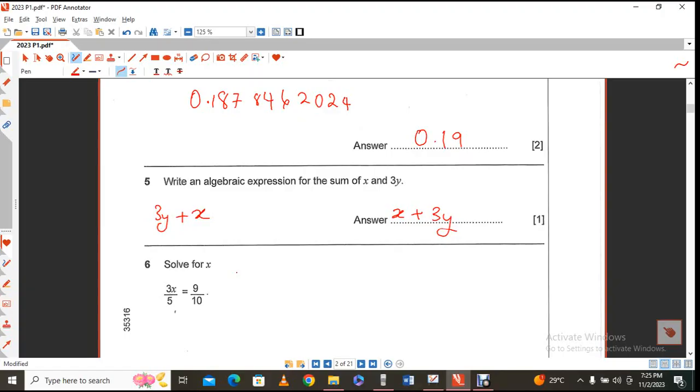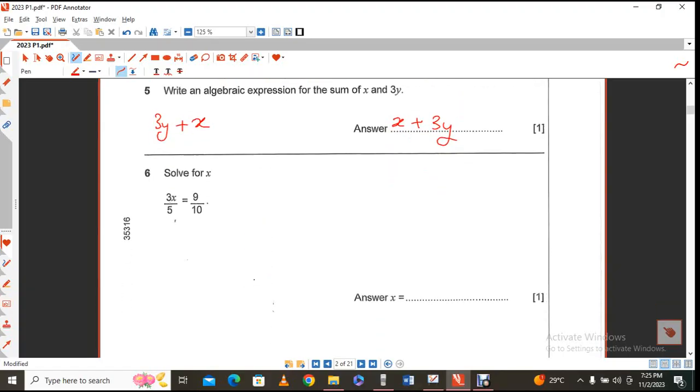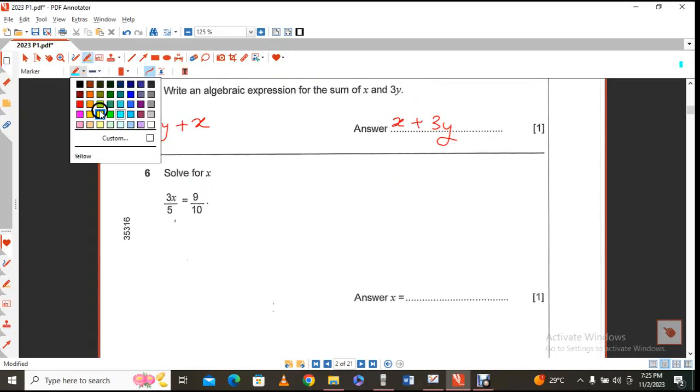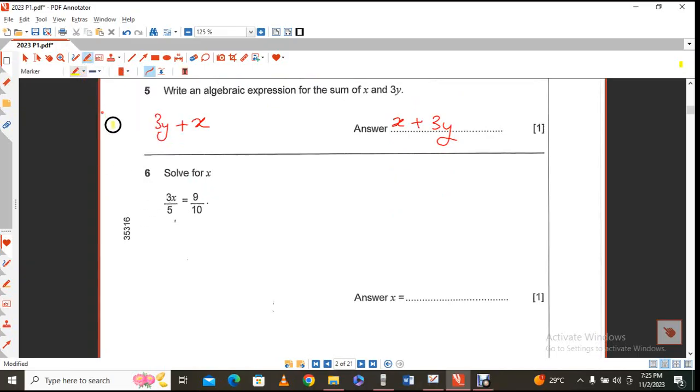Okay, right. When you look at question 6, it is very important that you remember that the coefficient of x is nothing but 3 over 5. So what we'll do is we'll get rid of that 3 over 5 by simply multiplying both sides by the inverse, which is 5 over 3.